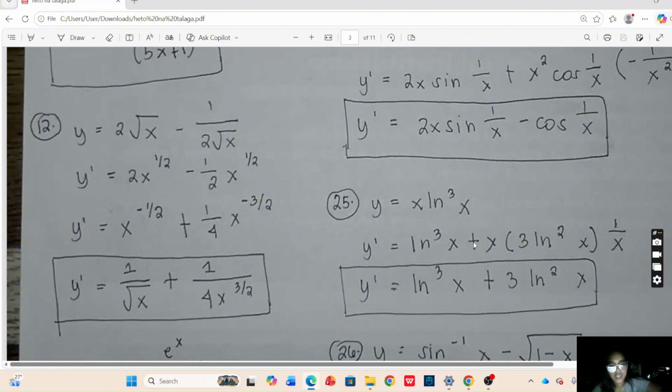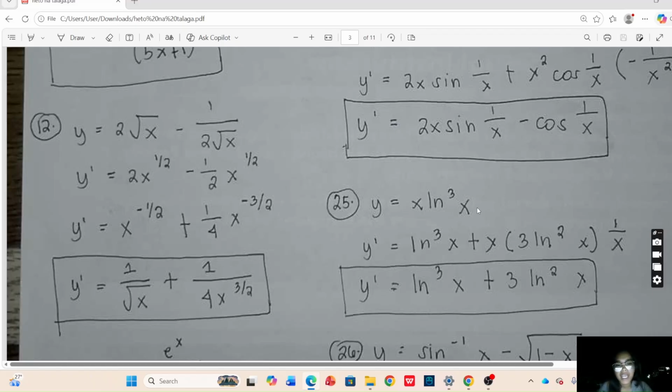So let's continue with number 25. So we have the function y is equal to x multiplied by the cube of the natural logarithm of x. So apply the product rule again because this is a multiplication.